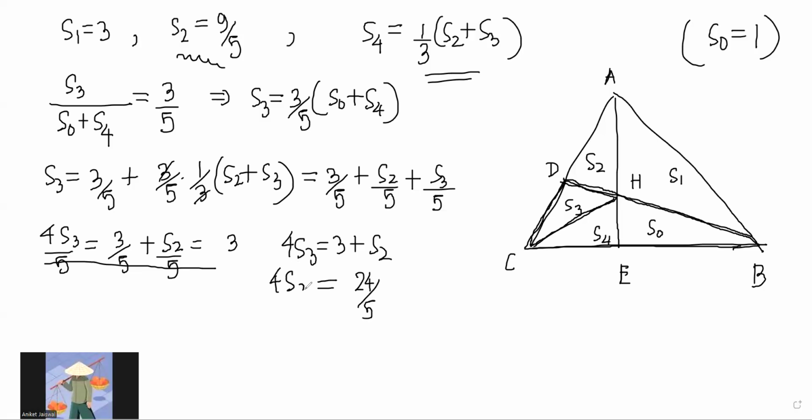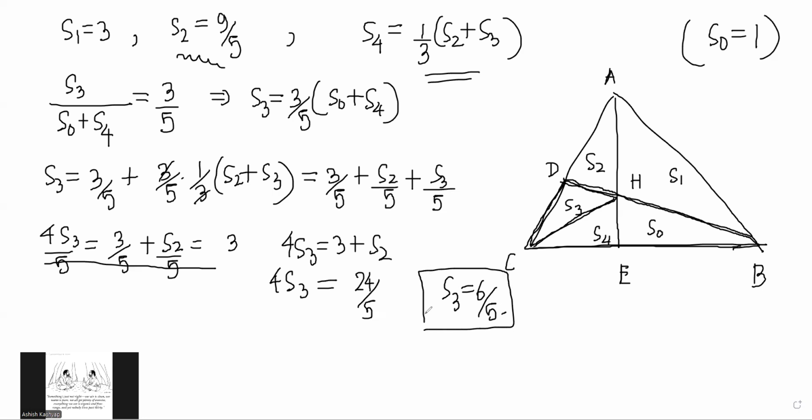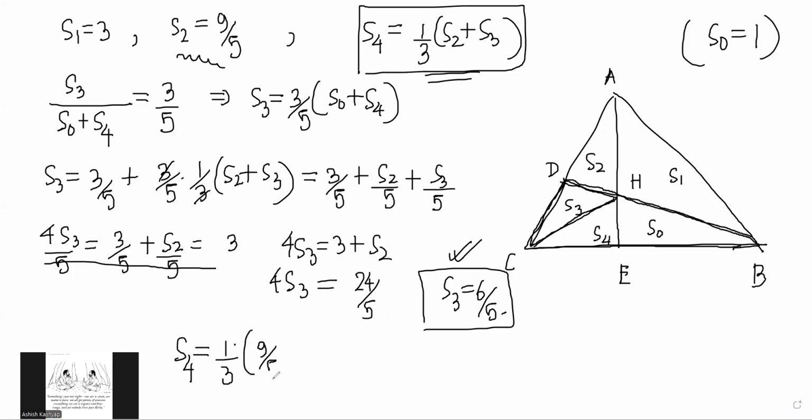So S3 is 6 by 5, right? If we get S4 also, if you calculate, S4 is coming out to be 1/3 of 9 by 5 plus 6 by 5. So this is equal to 1. S4 is 1.